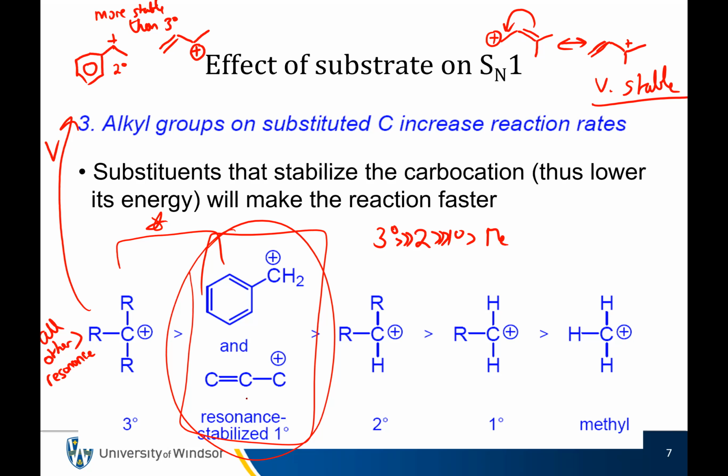Resonance generally gives you better than tertiary because in many cases you have tertiary plus resonance, which is really awesome for stabilizing a carbocation. And I know we've talked endlessly about resonance and stabilizing things, so this should be second nature to you now. If it's not, go back and please look at the resonance material because it matters.